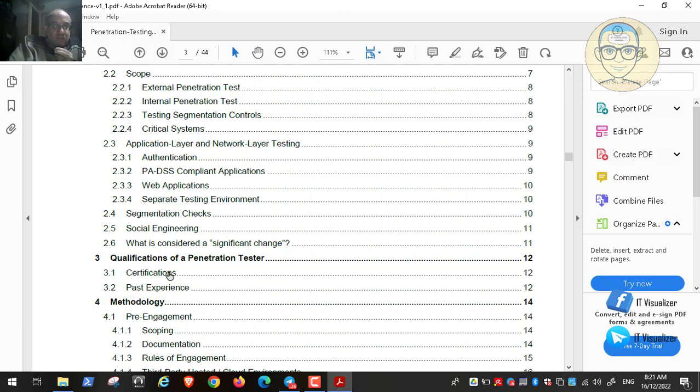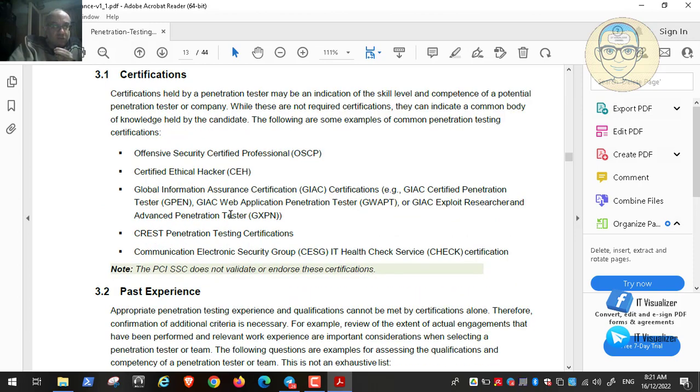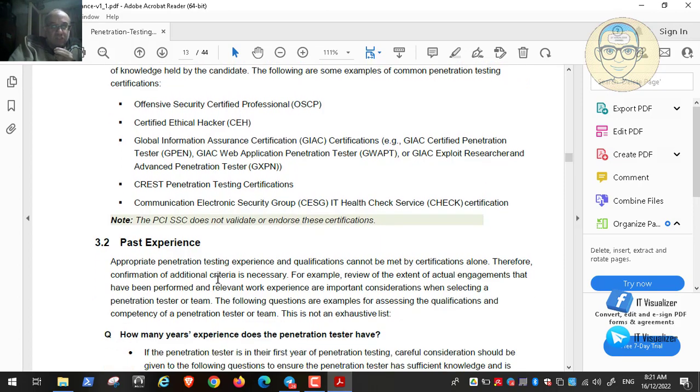He should have certain certifications. For example, he's saying that you should have a certification like Security Certified Professional or Certified Ethical Hacker, plus past experience. Appropriate penetration testing experience and qualification cannot be met by certification alone.